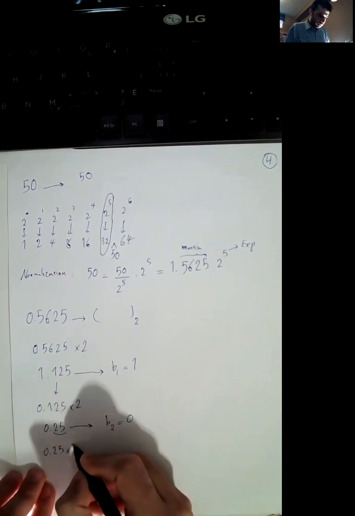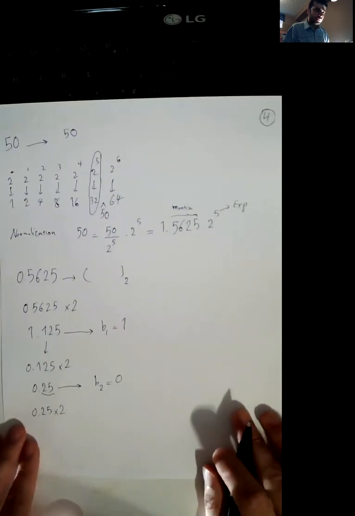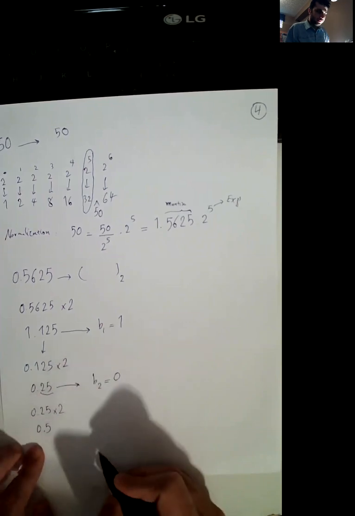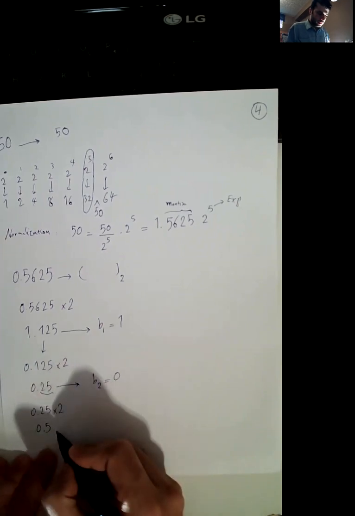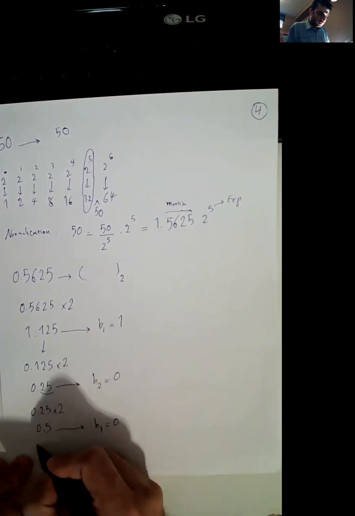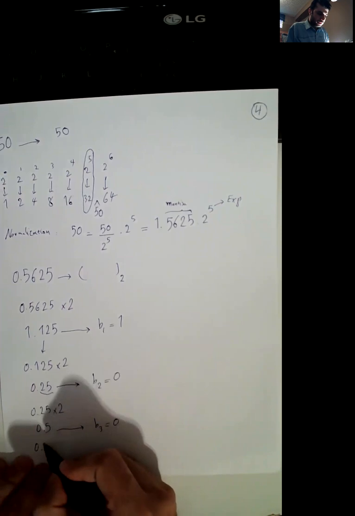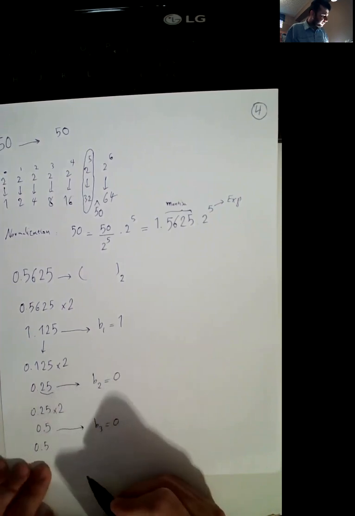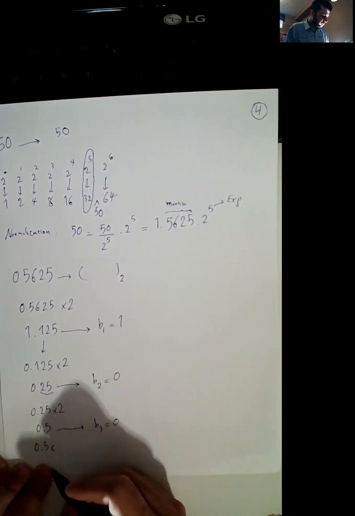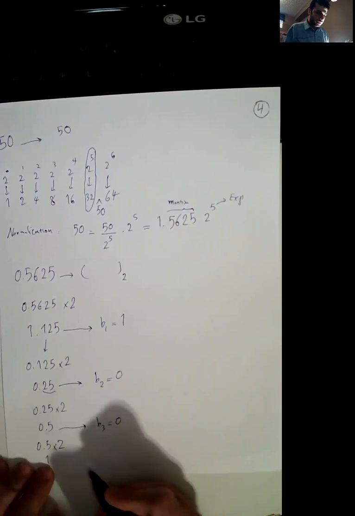So we multiply by 2, and get 0.5. We write the integer, which is 0, and we write the fractional part, which is again 0.5. When we multiply again by 2, the answer is 1.